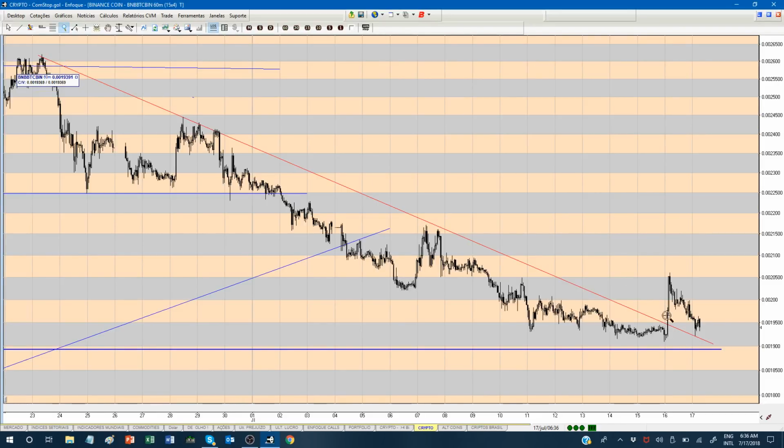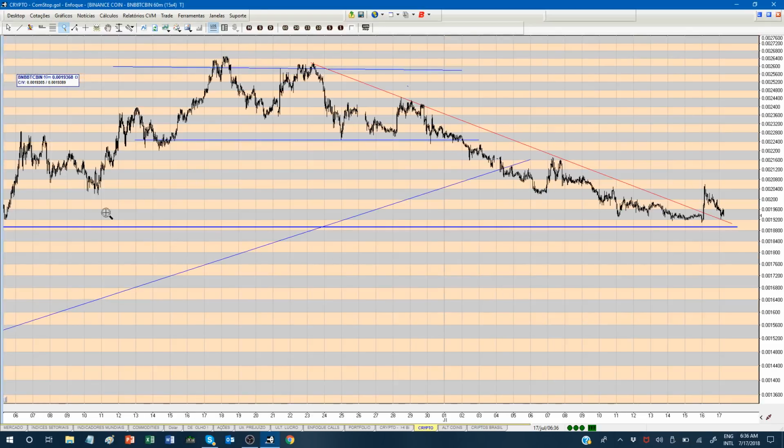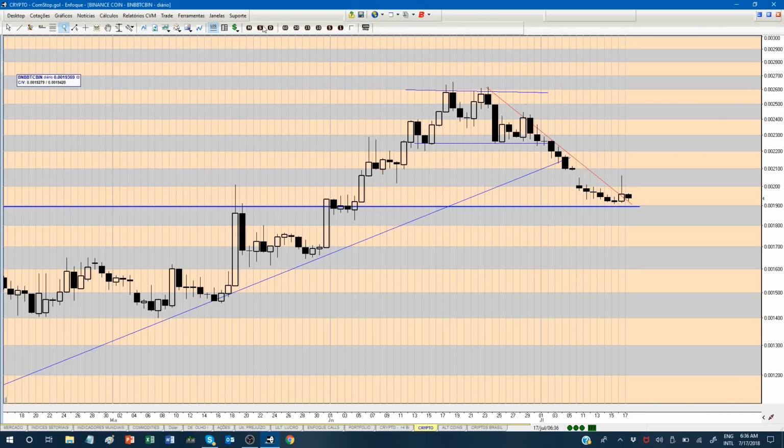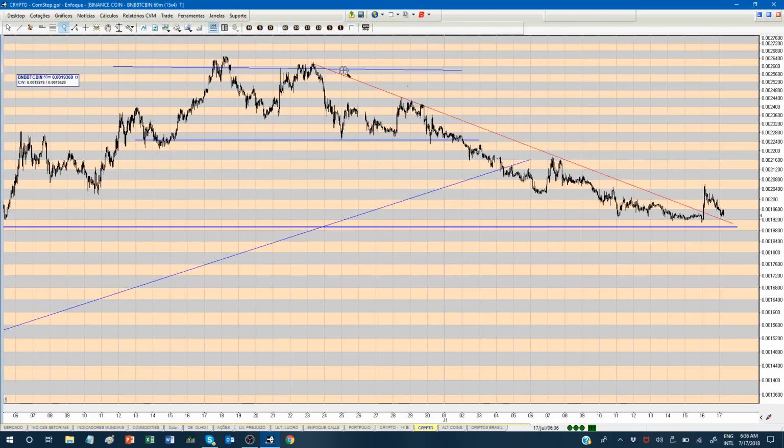Going back to the daily chart, that's the level of the former resistance line, now support line. So if we're correct, and this is a pullback on the hourly chart, then whenever we see a reversal here, I think it's a very good idea to buy Binance coin.